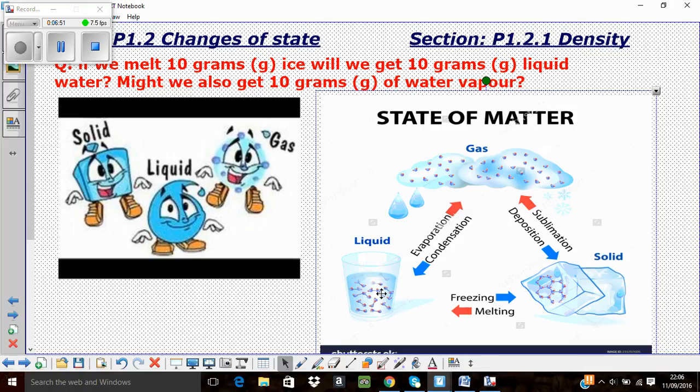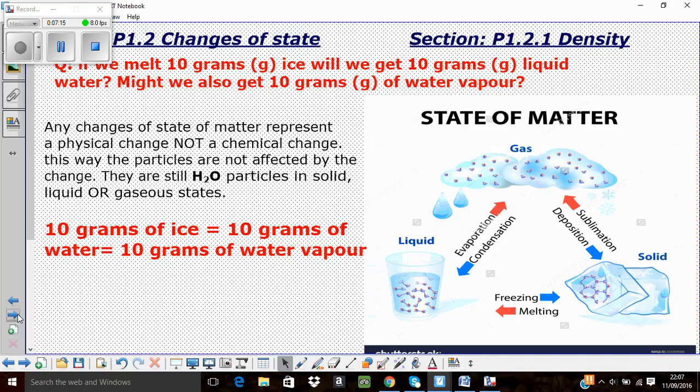Here the diagram shows water molecules. Going from liquid to gas is called evaporation. Gas to liquid is called condensation. Going from a solid to a gas is called sublimation. From a gas to a solid is called deposition, or it's also called sublimation.